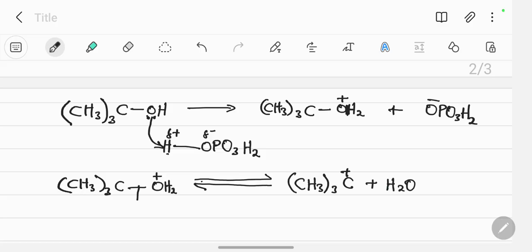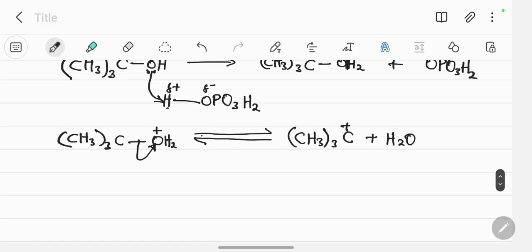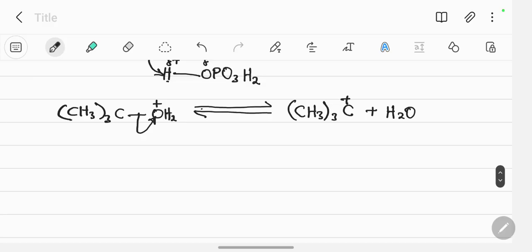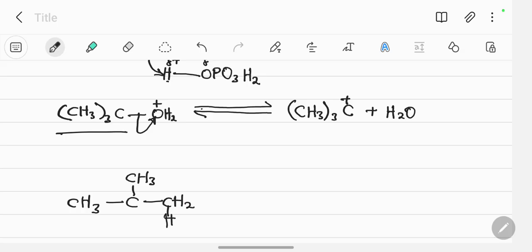What has happened? We've lost the water there. After losing the water, we arrange the remaining product, this one. Try to arrange it such that it's CH3, CH3, CH2, and the hydrogen there.